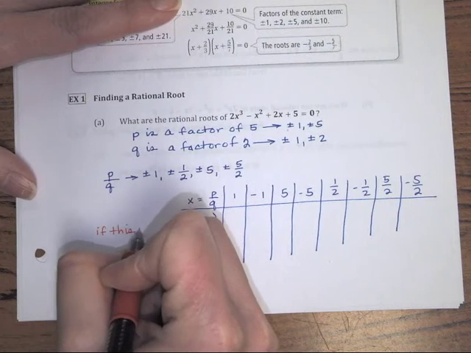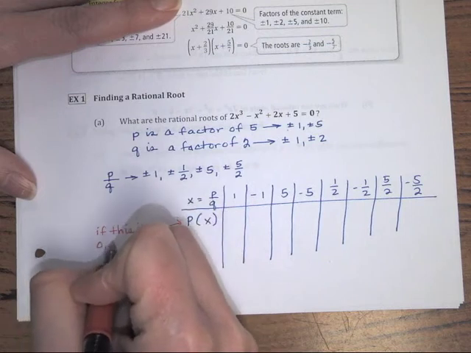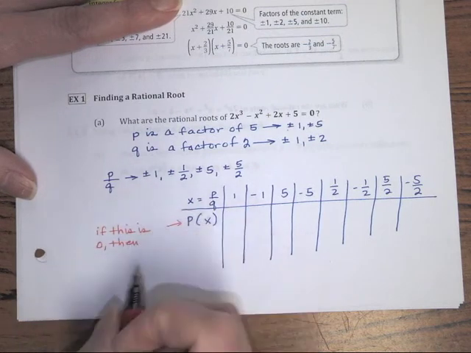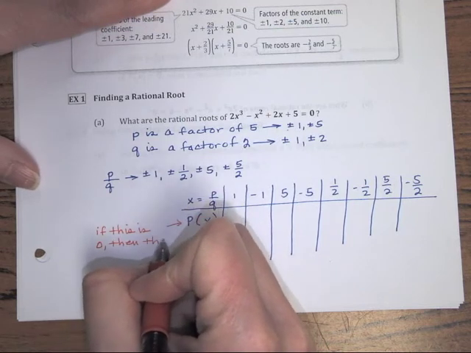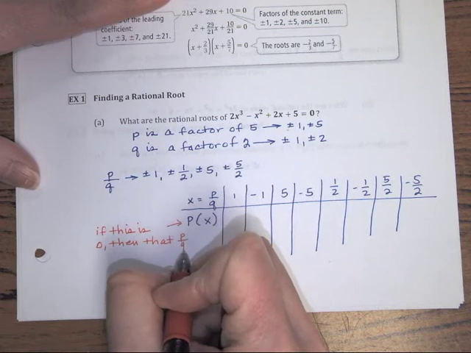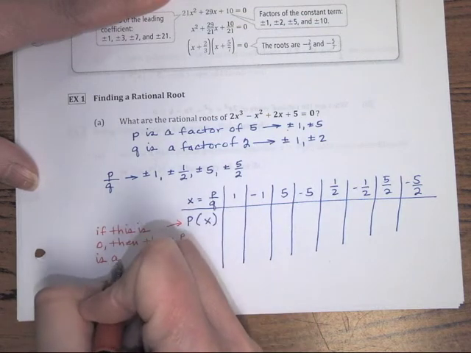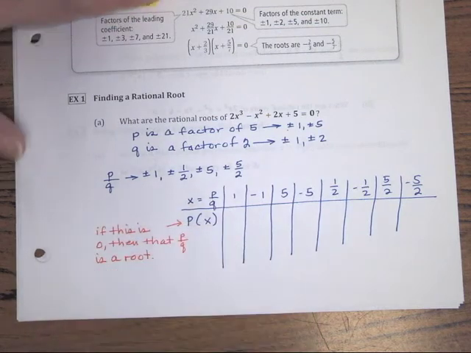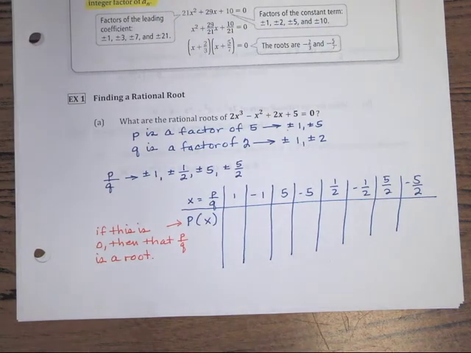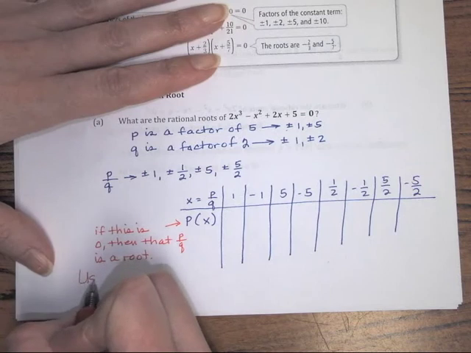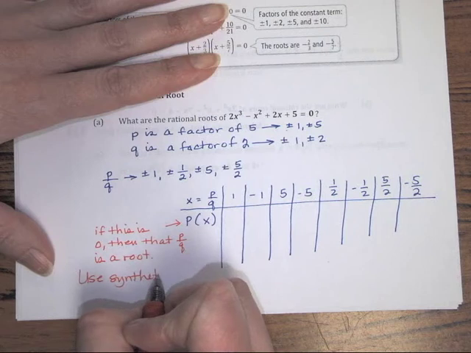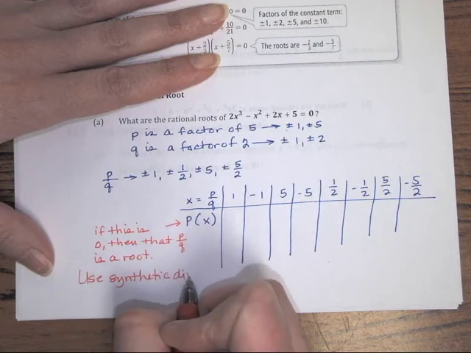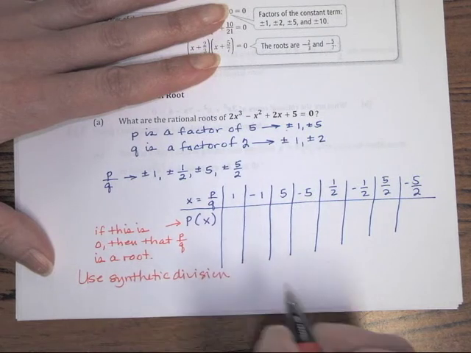If this is 0, then that P over Q is a root. To find P of X, use synthetic division. But I'm going to go faster for the purpose of notes.